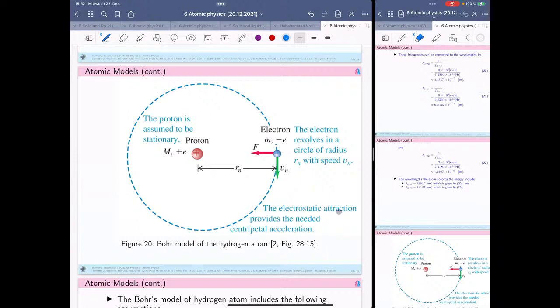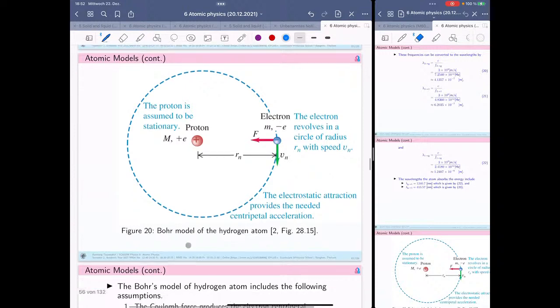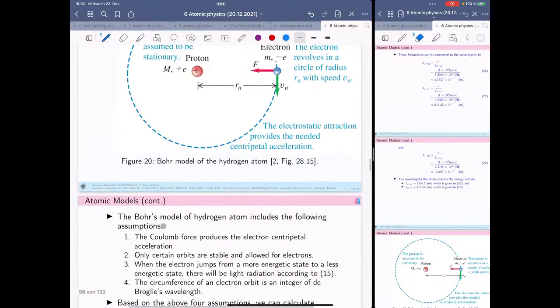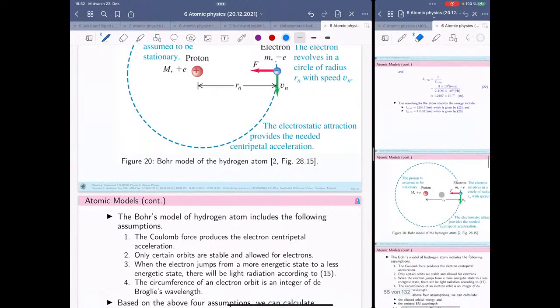The electrostatic attraction provides the needed centripetal acceleration. The attractive force between these elements will be equal to the centripetal force. All right, that's the Bohr model.